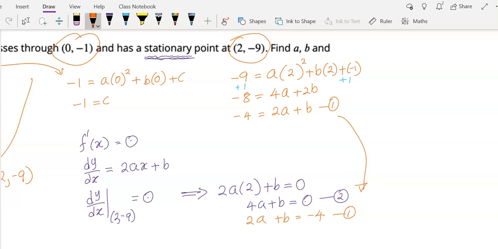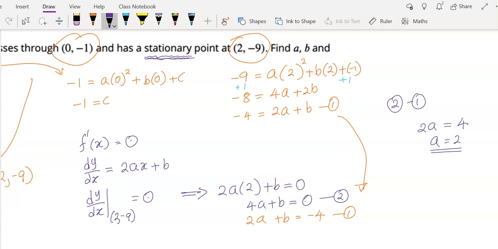That's what I did. Now, if you look at b, it's going to get cancelled if you subtract either of these equations from the other. So what do I do? I probably go ahead with 2 minus 1 so that this negative becomes positive. Hence, right hand side, 0 minus -4 is +4. And then 4a minus 2a becomes 2a. b cancels. a is 2.